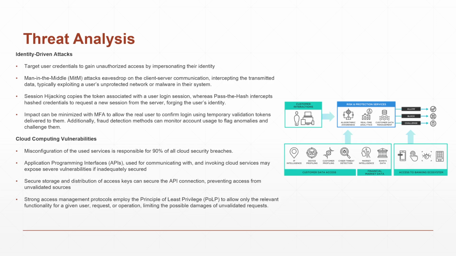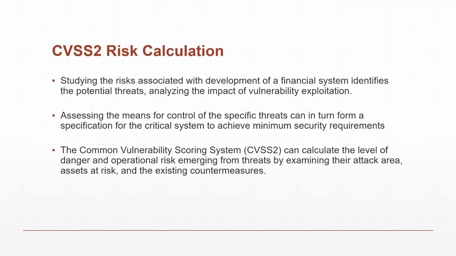And this is because APIs used for communicating with the cloud services may expose severe vulnerabilities if they are inadequately secured. So I used the common vulnerability scoring system to calculate the level of danger and operational risk emerging from the identified threats by examining their attack area, the assets at risk, and any existing countermeasures.